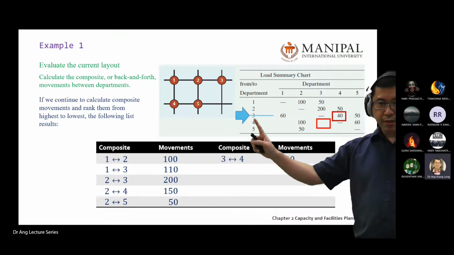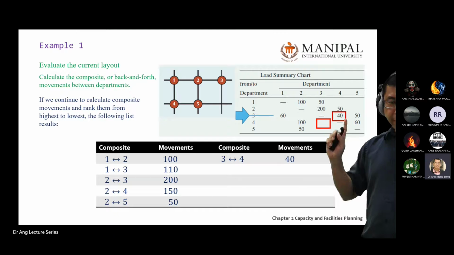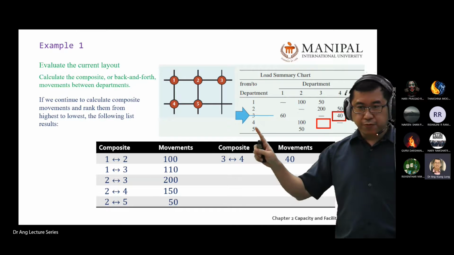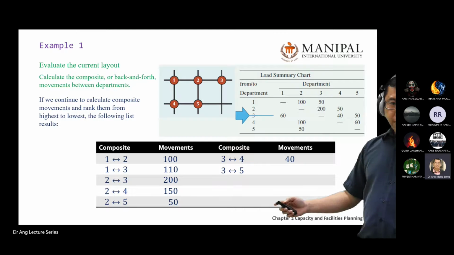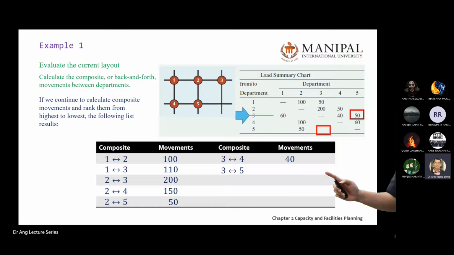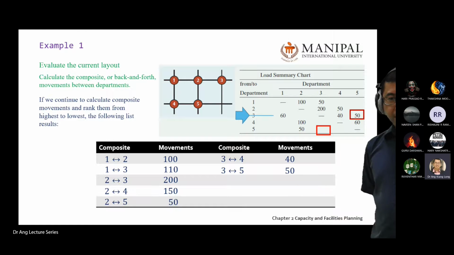Do the same. 3, 5, you get one number. But remember to send it back. 5 back to 3, 0. We have one more. 3, 5, you combine these two locations, and 50. So you can see, is there any more that you can do?